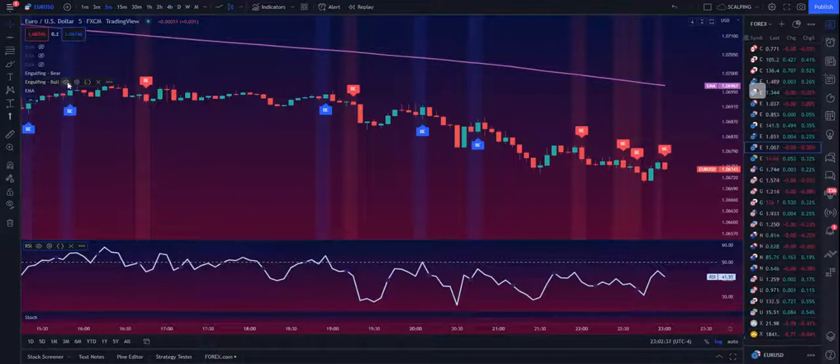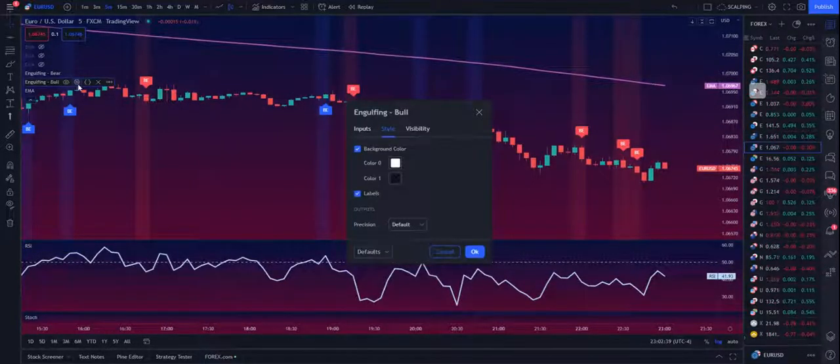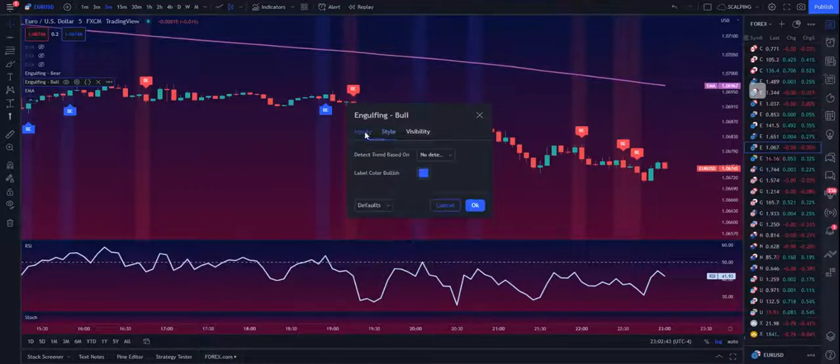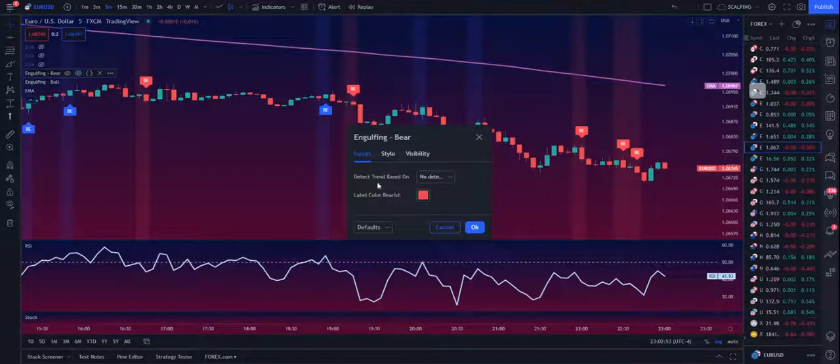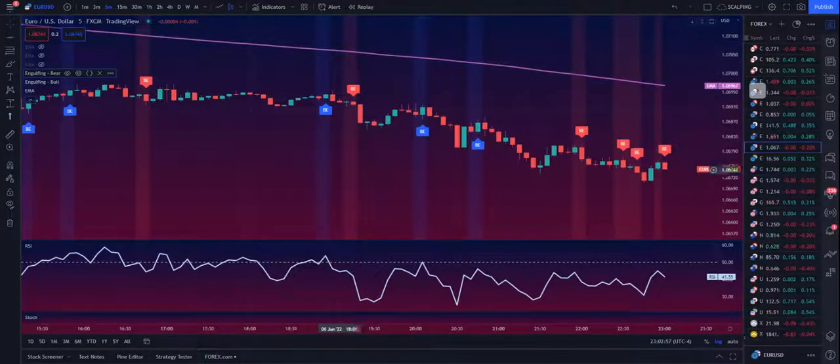Oh, let me show you what to do in there. So we need to go to the inputs and mark no detection. And I actually set that as the default. So do that on both. No detection, default.